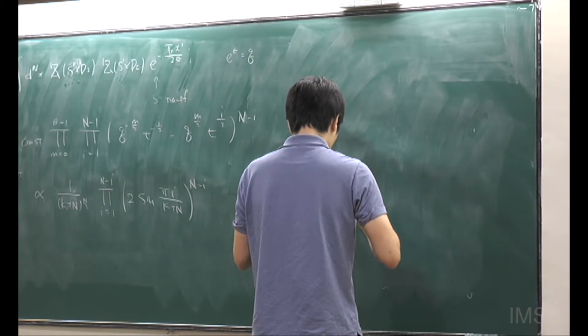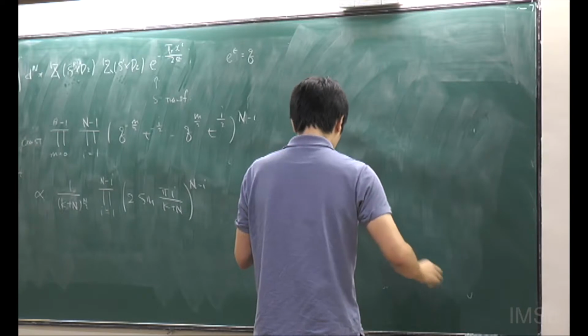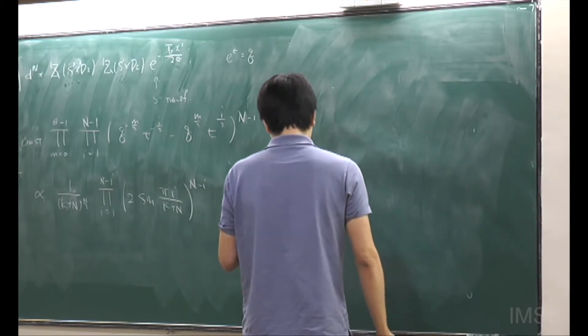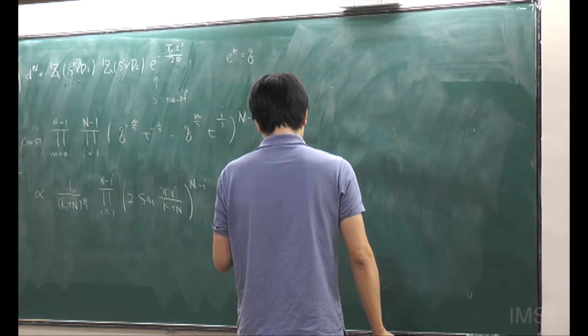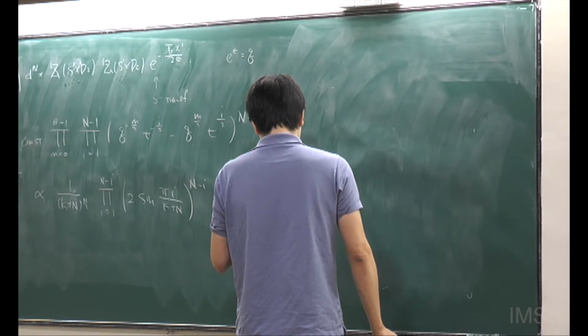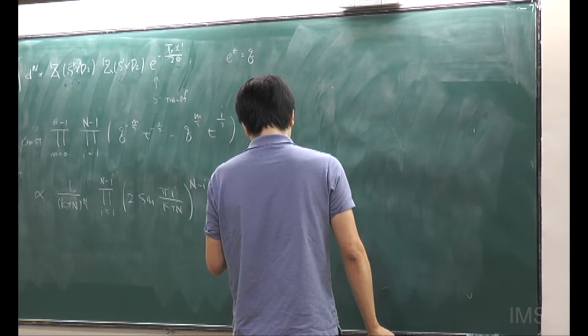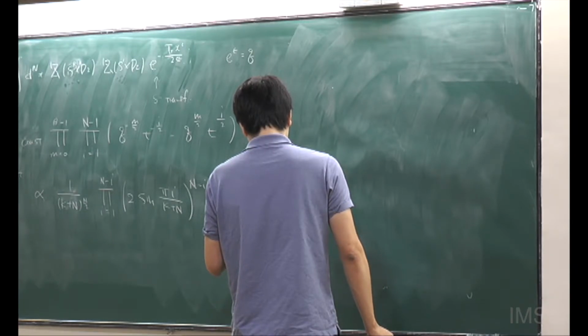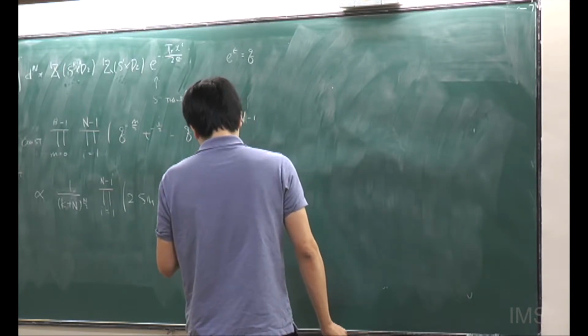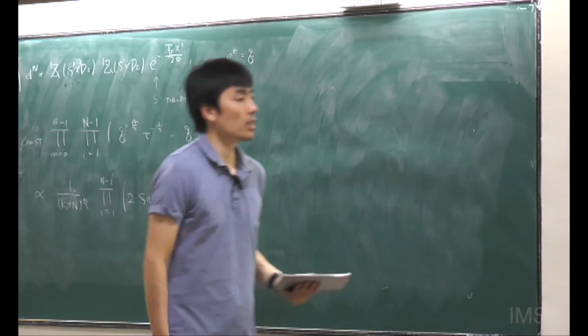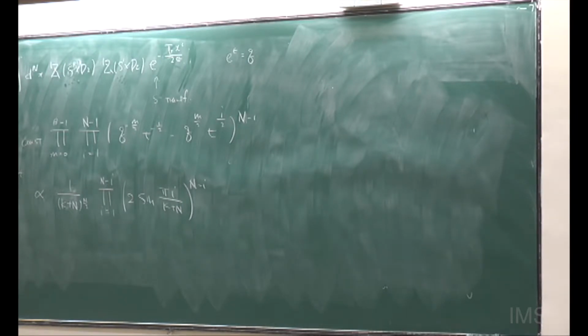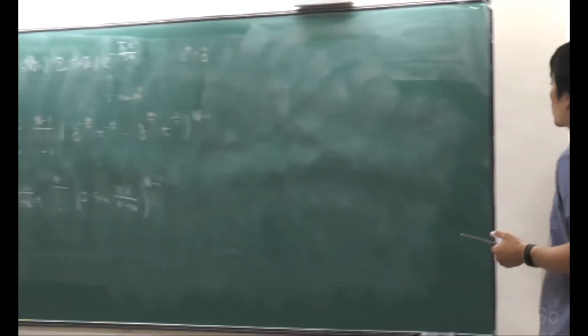How does it arise? There are only two bosonic and fermionic particles coming from the D2 brane ending on the D4, actually.